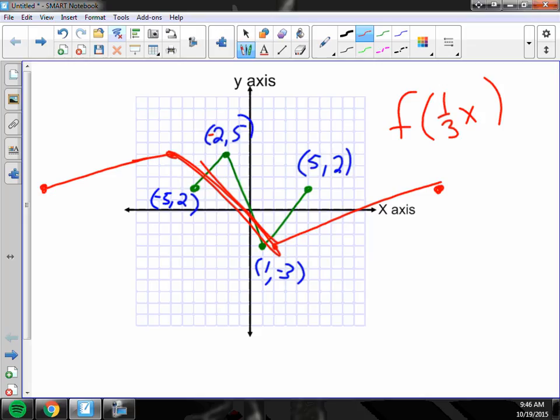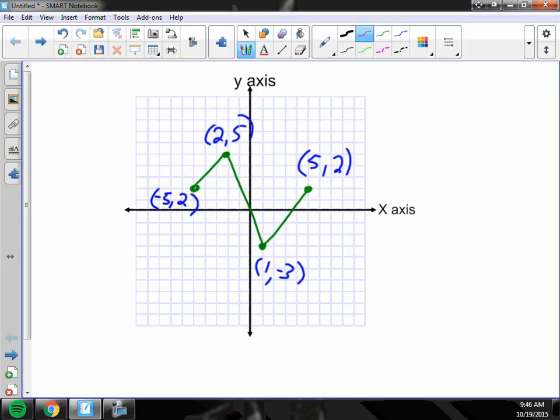Well, what if we do several of these at the same time? So what if we did 2 f of x minus 1 plus 3? How is that going to work?